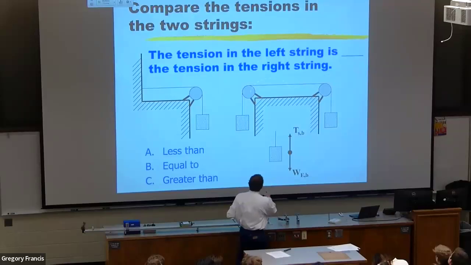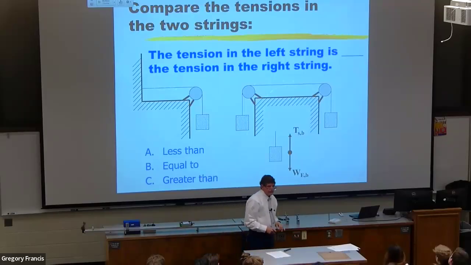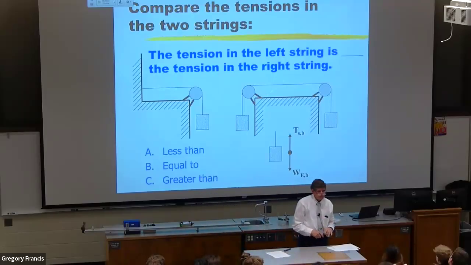I could also just use another block to hold the rope right there, or I could use the wall to hold the rope right there. It's all the same. So draw a free body diagram is my message to you on that.